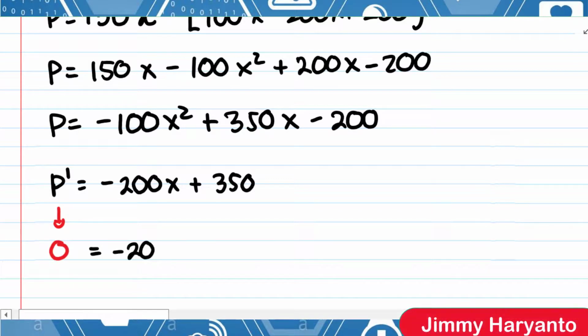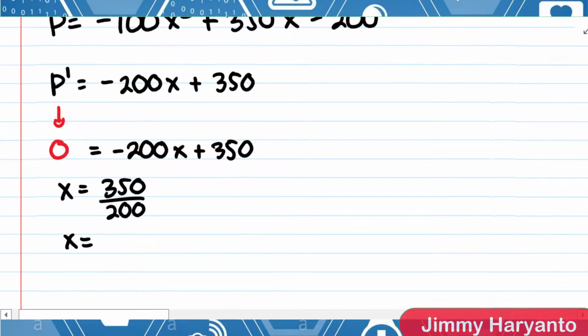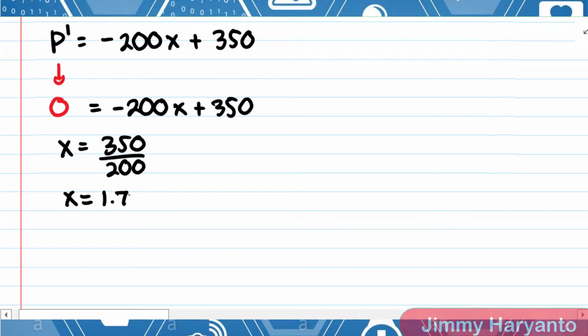So you will have 0 equals negative 200x plus 350. From this one, you will have x equals 350 divided by 200, so x equals 1.75. That means you can get the maximum profit after you sell 1.75 units.